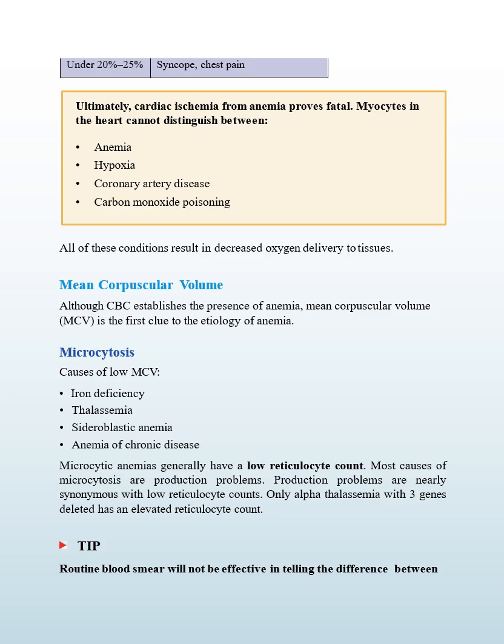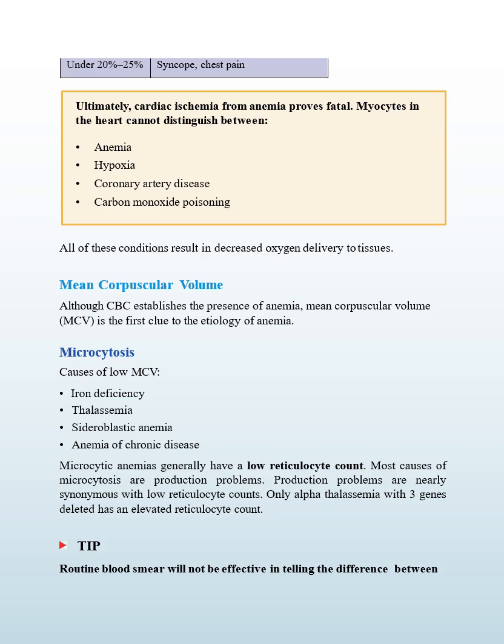So let's go over some lab findings. The first one is the mean corpuscular volume. We have to understand that if the CBC established the presence of anemia, the mean corpuscular volume, or MCV, is the first clue for the etiology of the anemia.